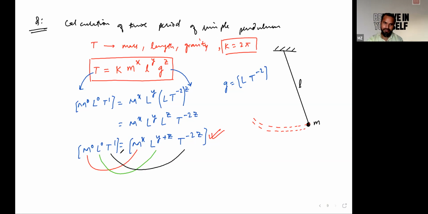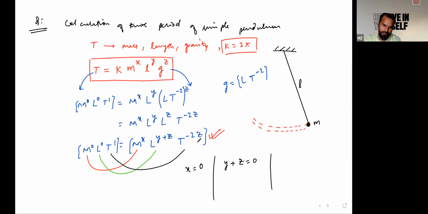Just see this last expression. The exponential for M in the left hand side is 0, and the exponential on the right hand side for the mass M is X. So on comparing, X would be nothing but 0. Good, Nida. Similarly for L as well, so we can write Y plus Z is equal to 0.